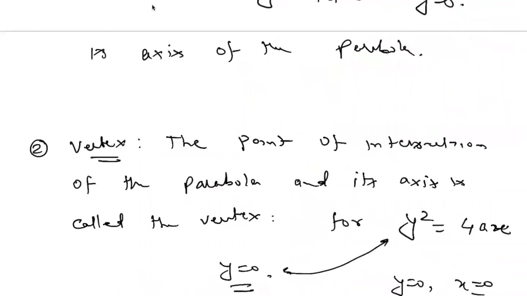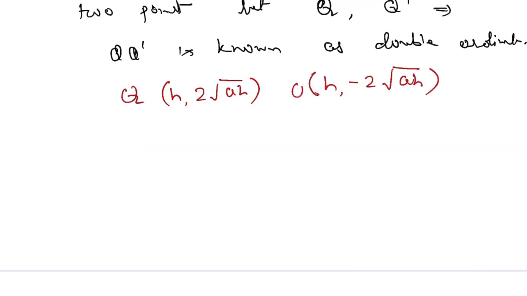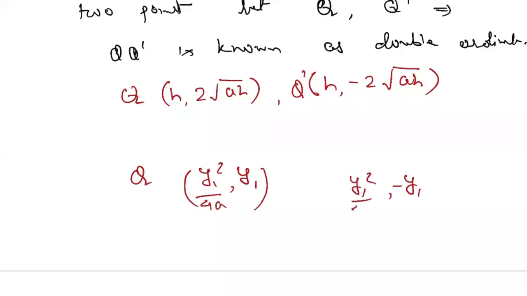Okay, so we can define these coordinates as h comma twice of under root ah and h comma minus twice of under root ah. This is q, this is q prime, or this is y1, y1 square by 4a, and this will be minus y1, y1 square by 4a.